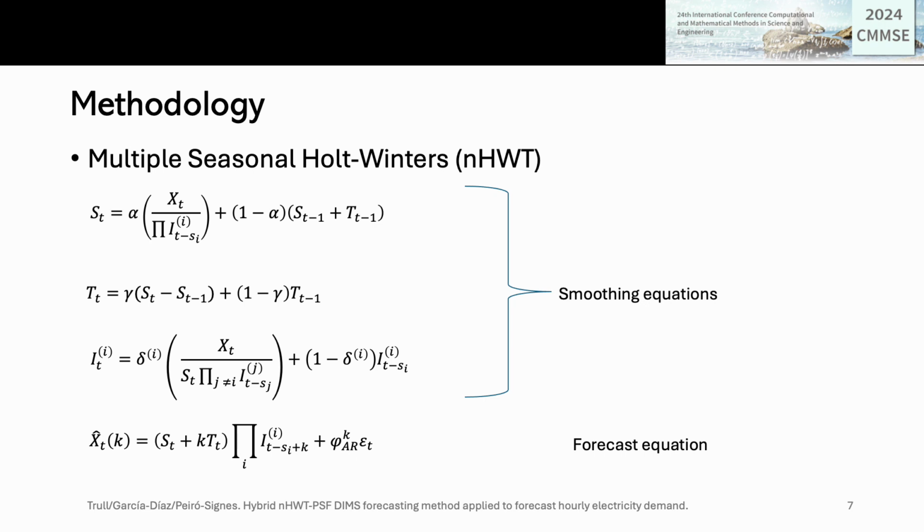The information of all these equations is gathered by the last forecasting equation that will produce the k-step-ahead forecast. Another aspect of the method is that the combination of equations can be done in an additive or multiplicative way. In this case, we show you the additive method for the trend and the multiplicative method for the seasonalities. This is the most commonly used.